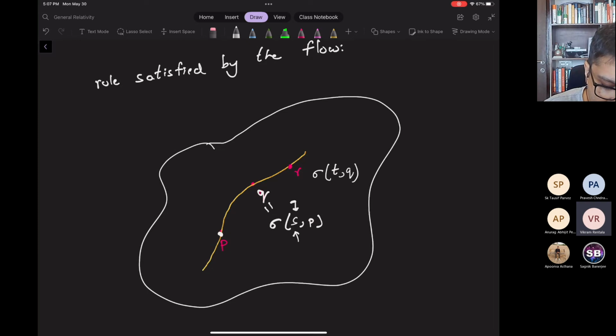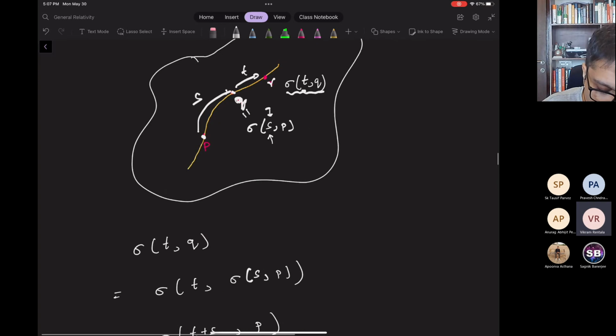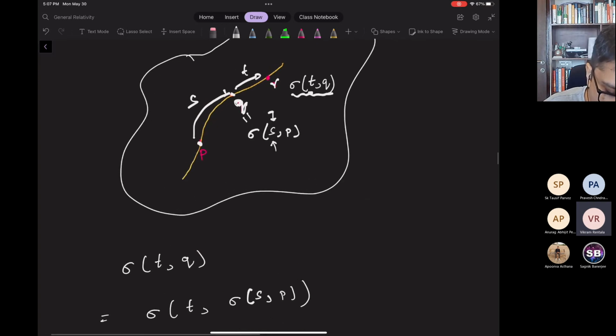Similarly, if I start at the point Q rather than P and move an amount T, then I end up at R. So that is sigma TQ. Now, an important rule that has to be satisfied for this kind of flow is that sigma TQ should be equivalent to starting at P and moving by an amount S plus T.